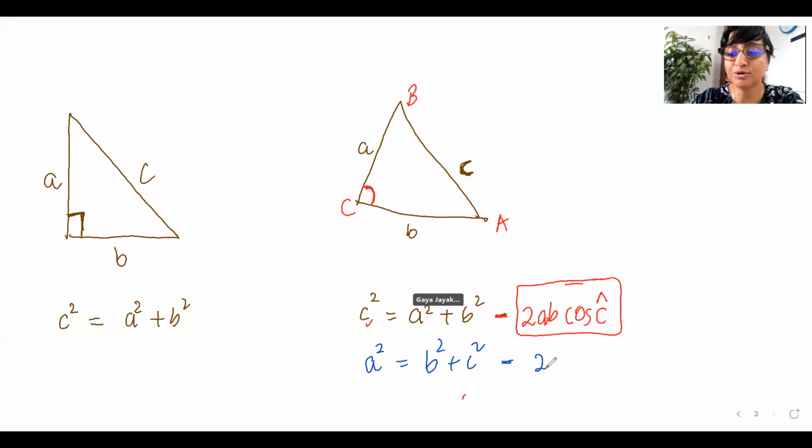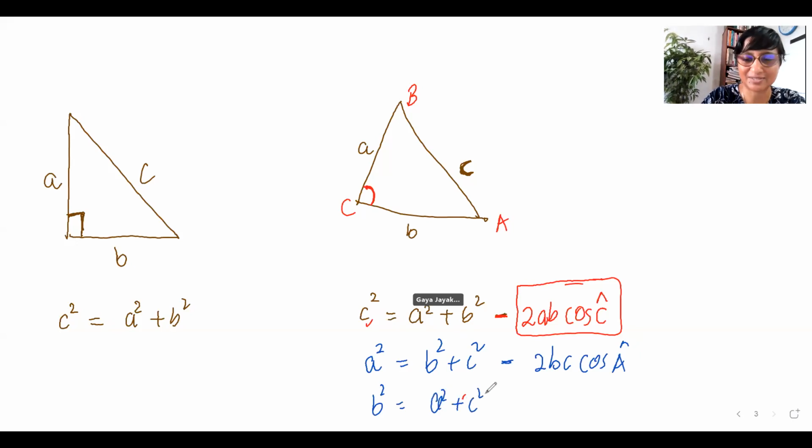minus 2BC cos A. Or now you can write for B squared. B squared would be equal to A squared plus C squared minus 2AC cos B. The first part of it looks like the Pythagoras theorem.